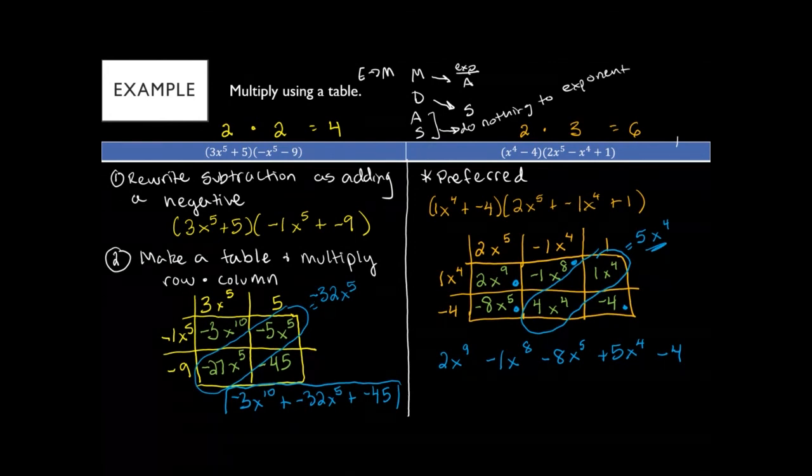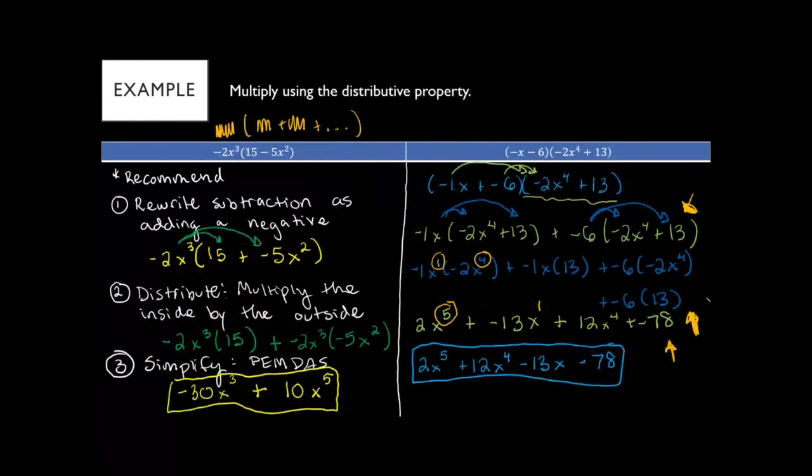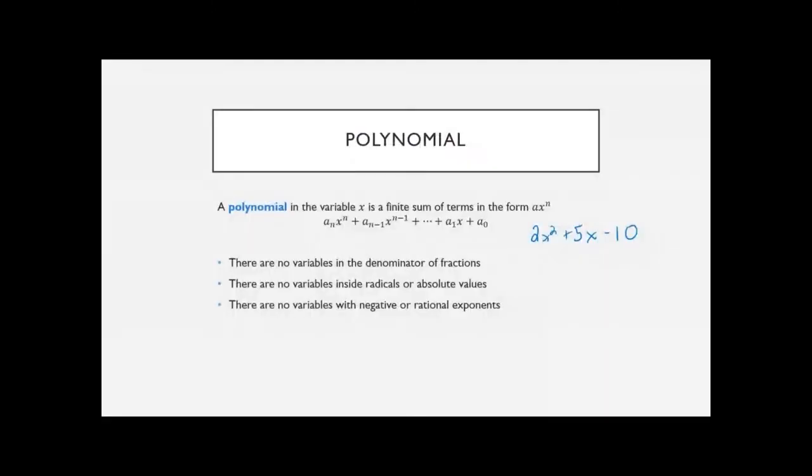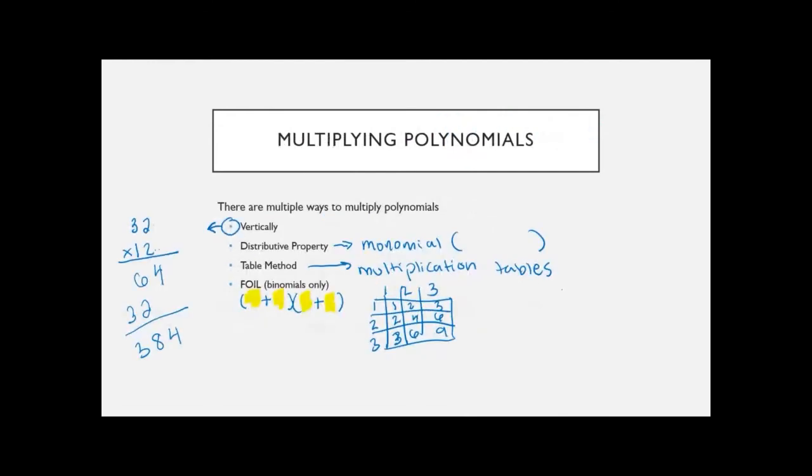And actually, in Japan, the way that they teach multiplication, if I go back to where we were talking about the vertical method, where is it? Where's my vertical method? In America, when we learn how to do multiplication, we do that vertical method on the left. In Japan, they use the table method.